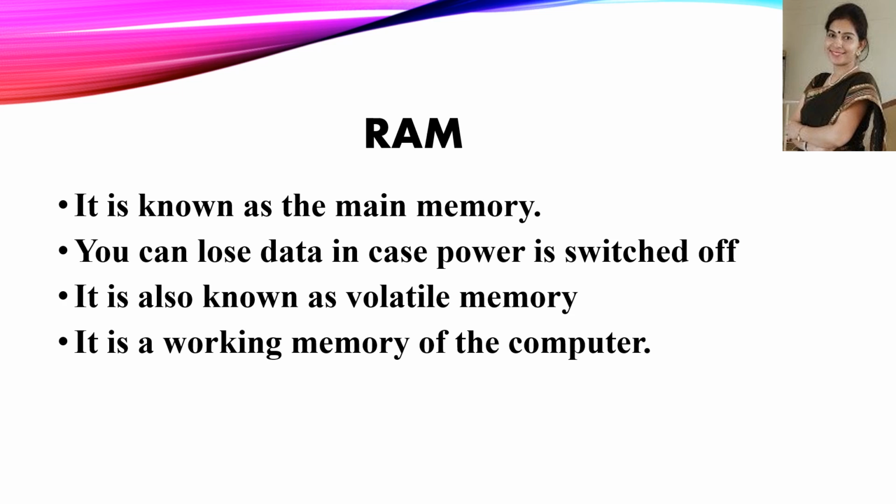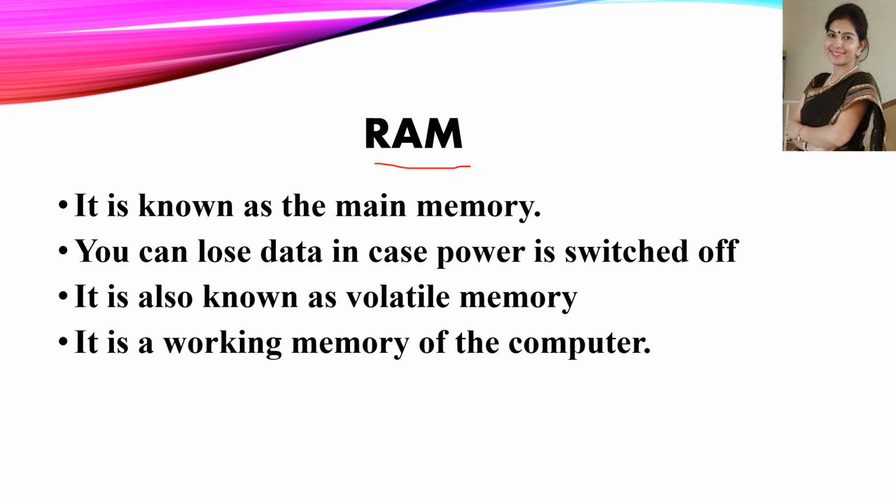As I have told, the example of volatile primary memory is the RAM and it is known as the main memory. And this memory can be read from and written by the processor and the other devices.